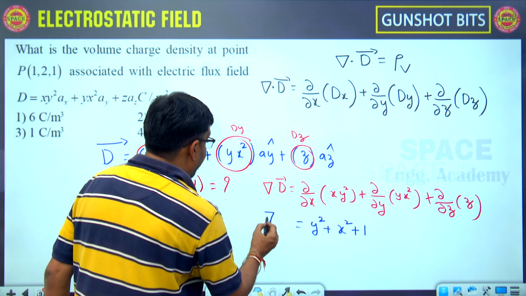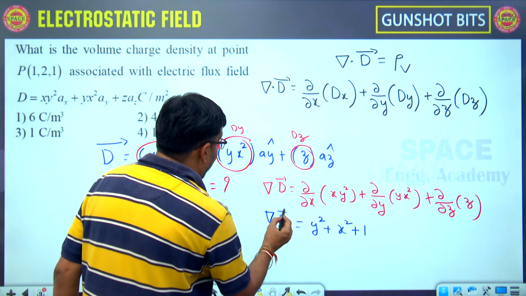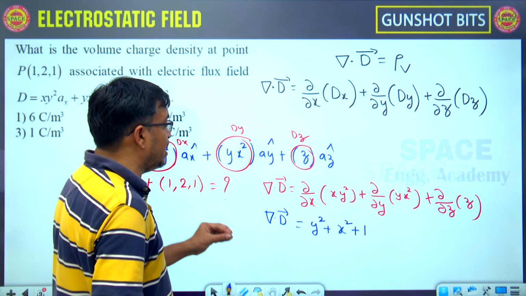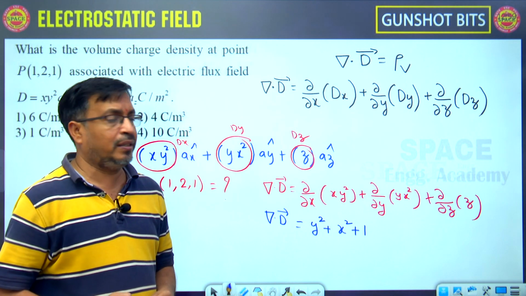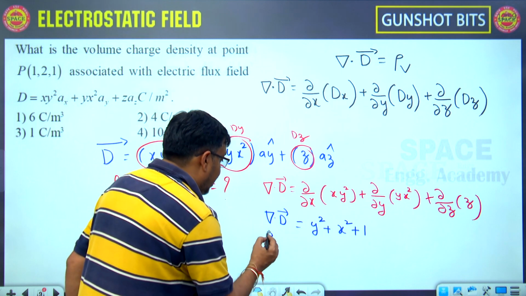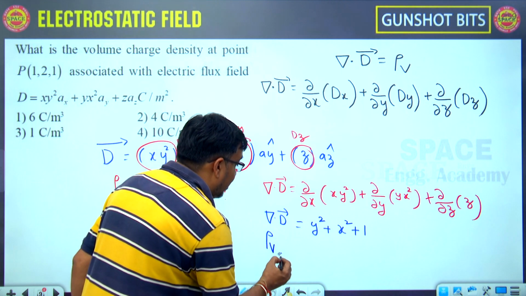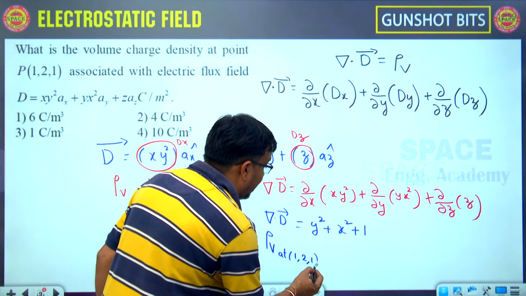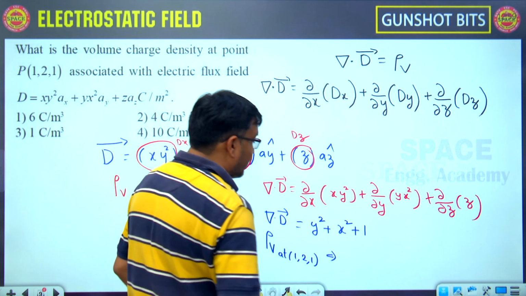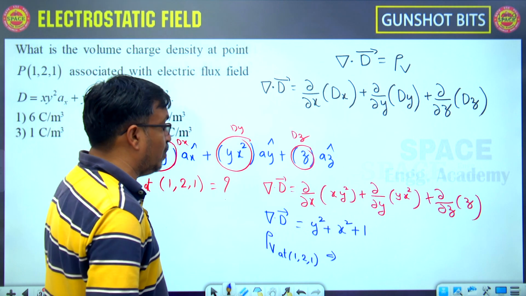This is the divergence of D, rho v, but he is asking the volume charge density value at a particular point 1 comma 2 comma 1. So divergence of D means rho v, asked at 1 comma 2 comma 1, that means x equal to 1, y equal to 2, z equal to 1.